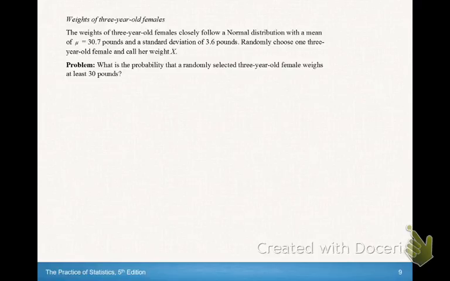So what we're doing here is we're finding the probability that X is at least 30, which is greater than or equal to 30.